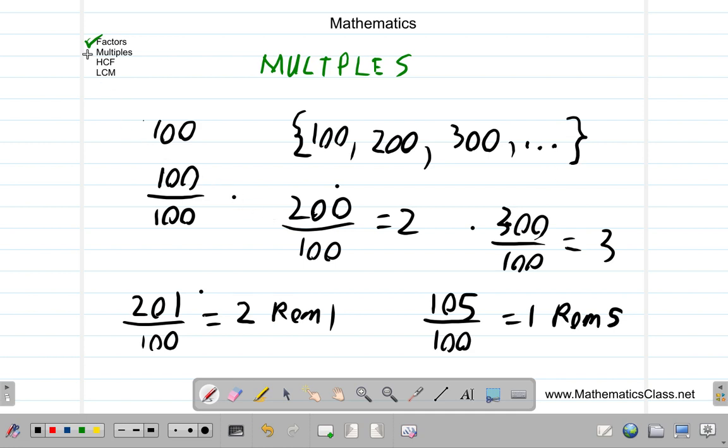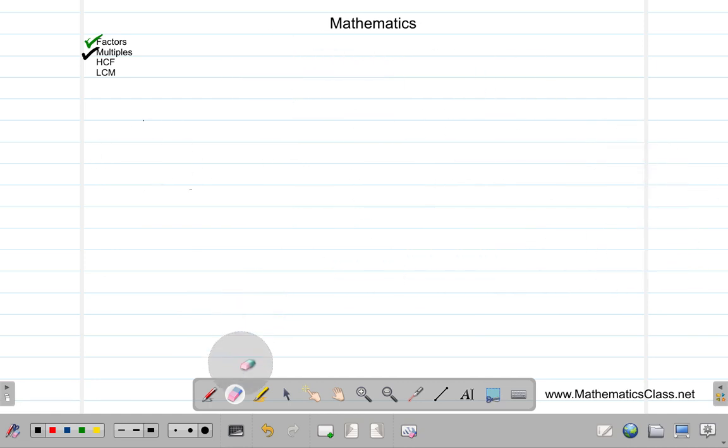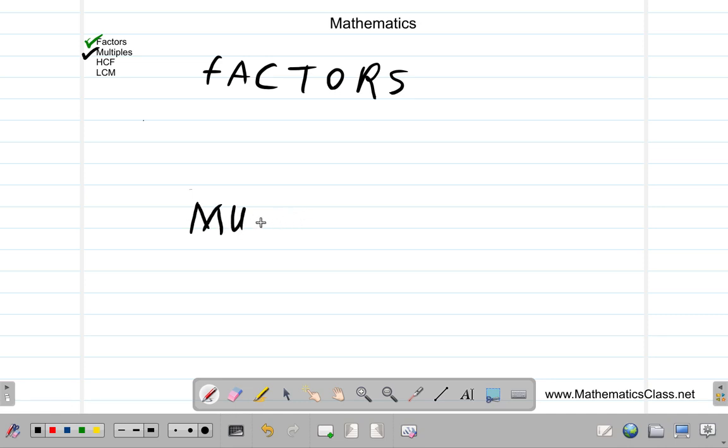Now, look at multiples. Now remember, based on what we saw a while ago, factors and multiples.